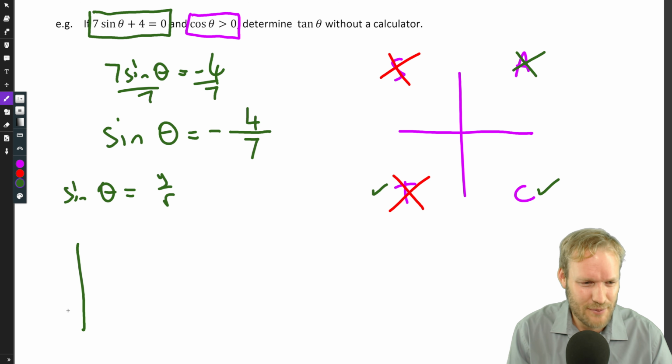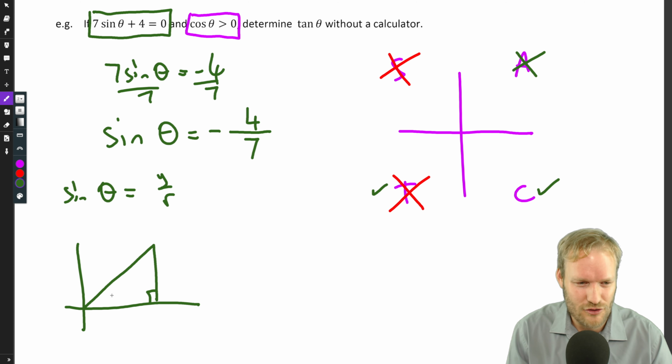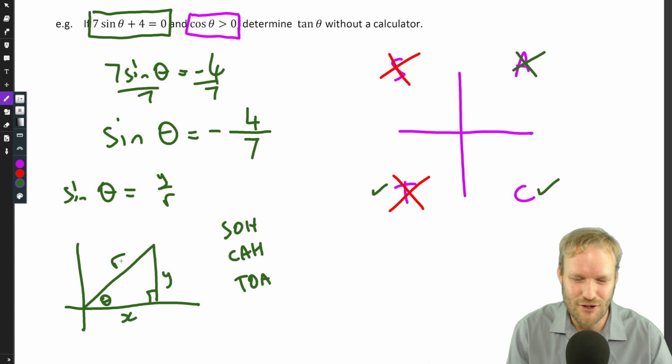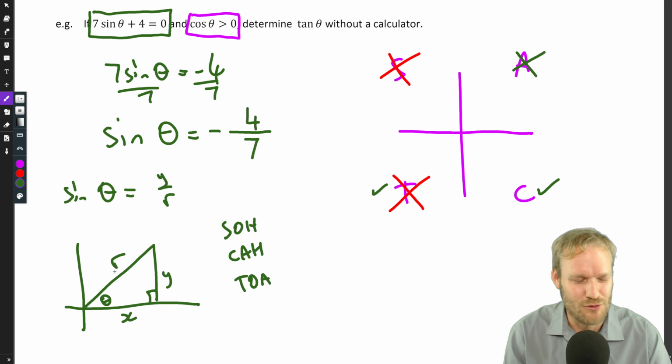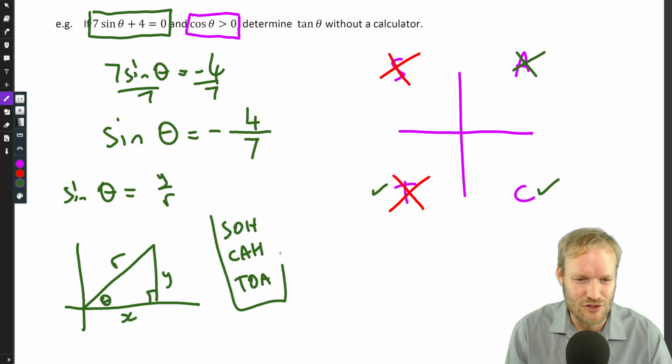I think another way is just to draw our triangle in the first quadrant and go, well, I know that's x, y, and r. I remember saying SOH CAH TOA 1,000 million times. And sine is opposite over hypotenuse, y over r. Nice conceptual way of remembering it, and it just relies on one mnemonic there. So that's one way to do it.